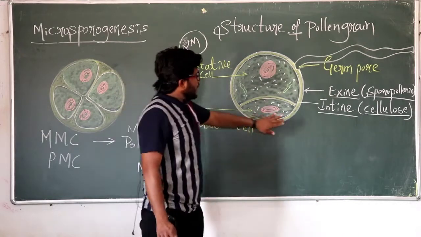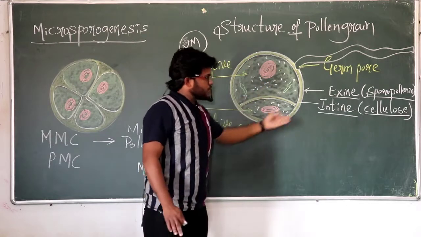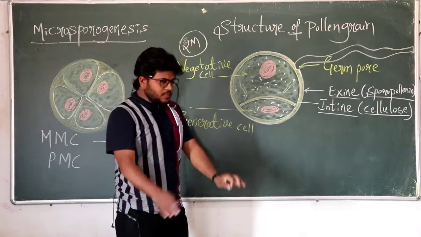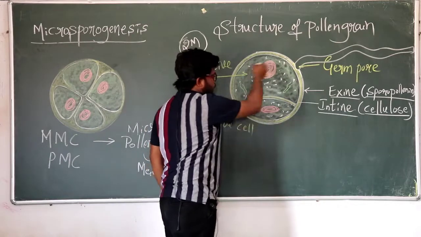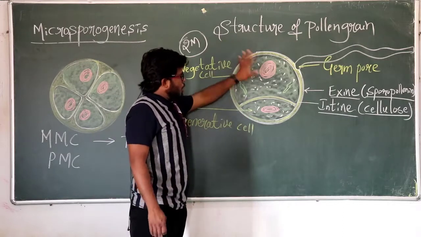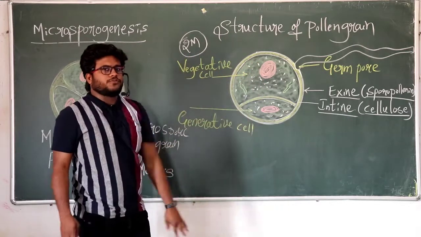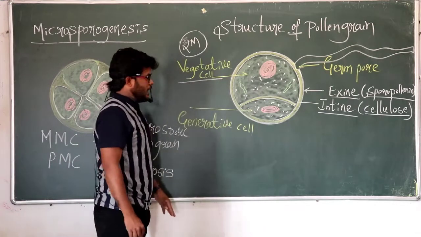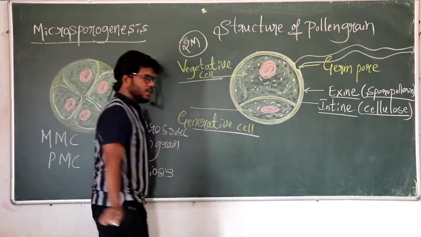Okay, inner to the intine there is a plasma membrane. Inside the plasma membrane the cytoplasm of the pollen grain is present. This pollen grain has 2 types of cells: one is the vegetative cell, another one is the generative cell.